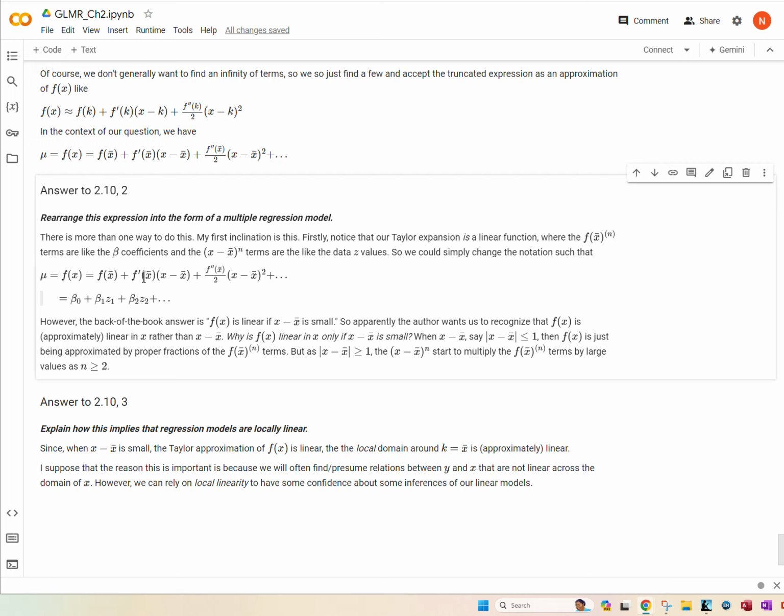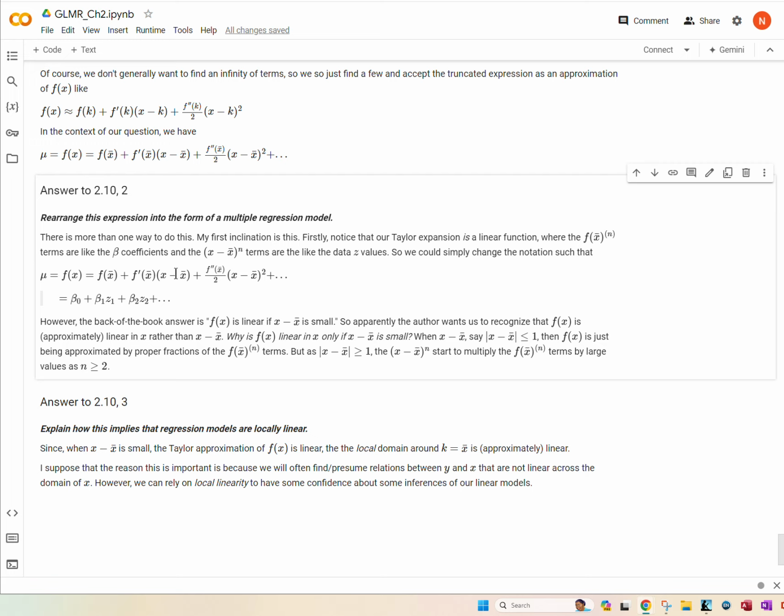So if I were to look at this, and everywhere where I have my f to some derivative, whether it's the 0th or the first or the second derivative of x bar, if I were to say that those were like the beta coefficients, and x minus x bar was the data element, and I'm going to call that z instead of x minus x bar, well then this equation, if I just substitute that notation, looks like this, and so this is a multiple regression model. That's what it is.